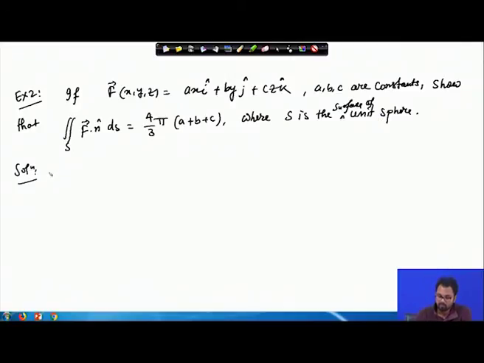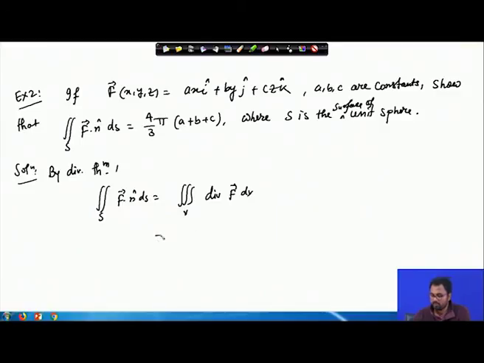However, if we want to use the divergence theorem, then by the divergence theorem we can write the surface integral of f dot n dS as the volume integral of the divergence of f dV. If we take the divergence, it would be just a plus b plus c, because every partial derivative will go to the corresponding term.